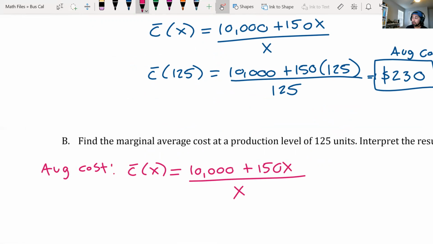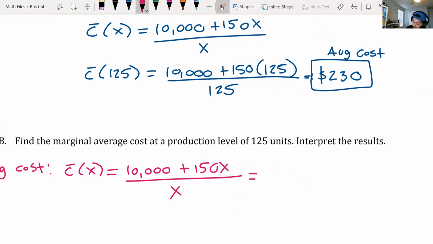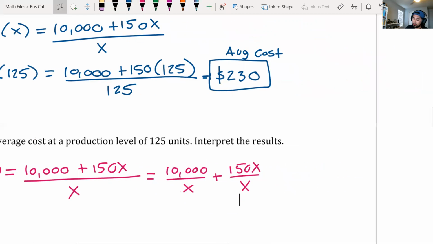So if you remember last class, we were able to split a fraction up. So again, how could I rewrite this so we can take the derivative? How could I split it up? 10,000 over x, and then 150x over x. Good. Okay, but now we still have a little more cleaning up to do.